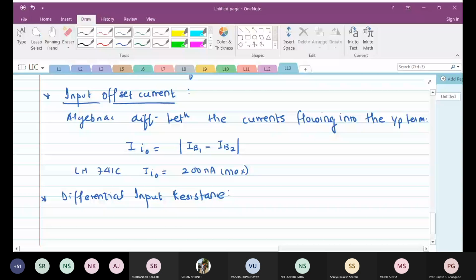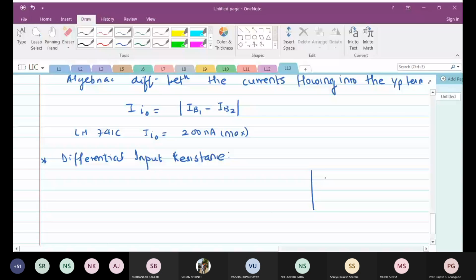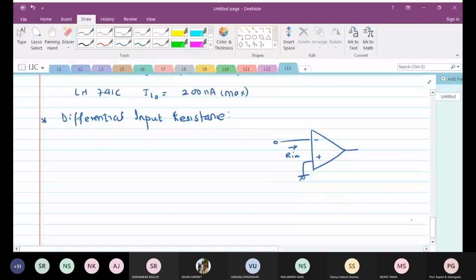In simple plain words, if I have an operational amplifier like this, and this is connected to ground, the resistance measured over here is nothing but the differential input resistance. That's all. For 741C, this differential resistance happens to be about 2 mega ohms.